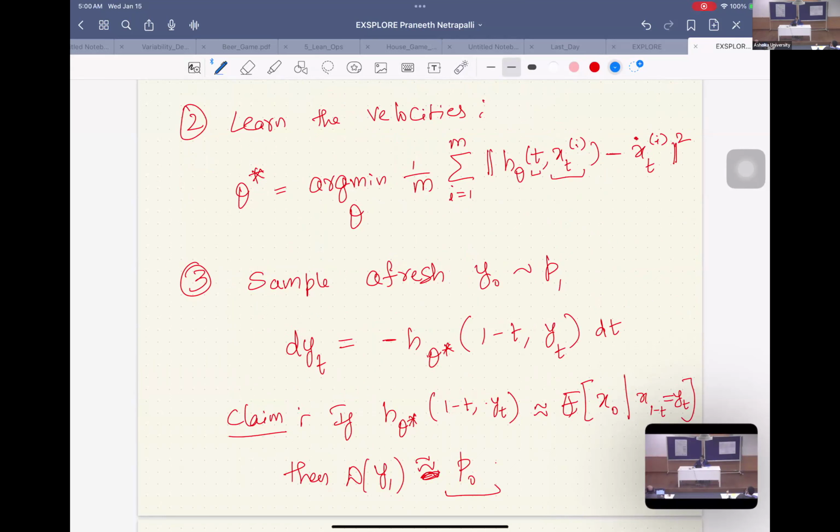Yeah, it approximates the velocity. So we want h theta star of t comma x to be equal to the expected value of the velocity x dot given that x at time step t is equal to x.